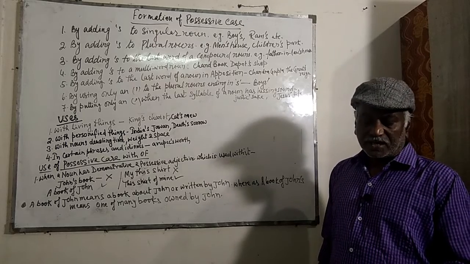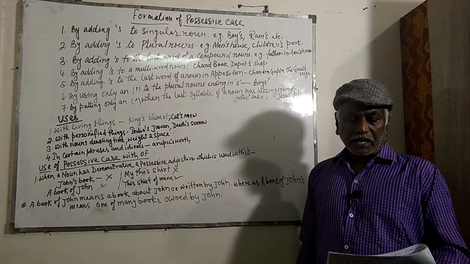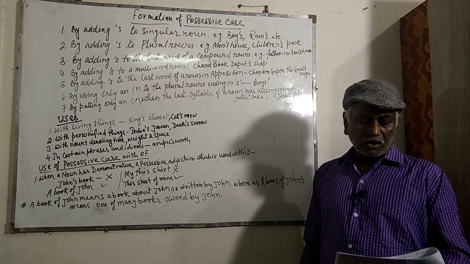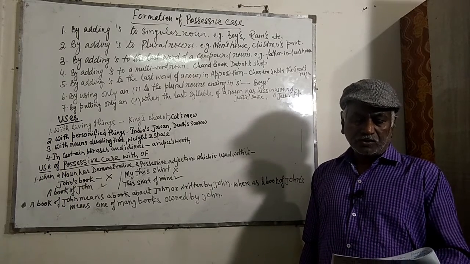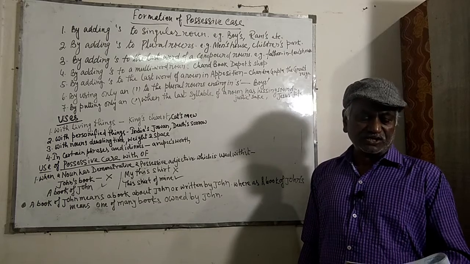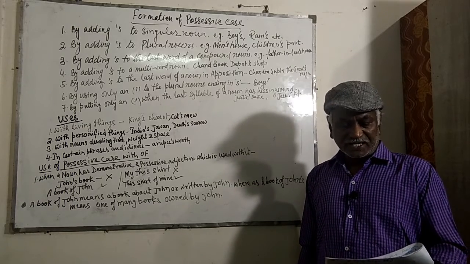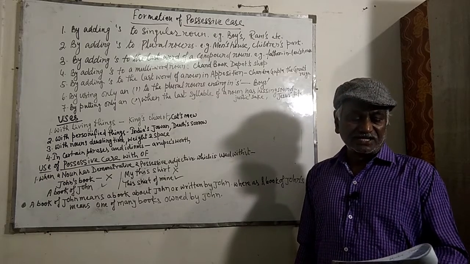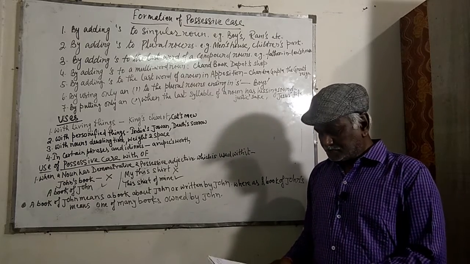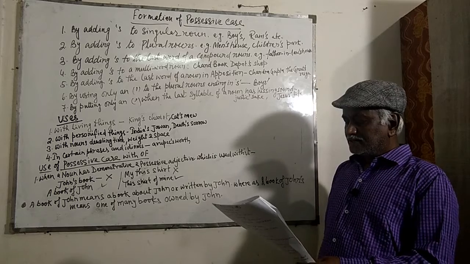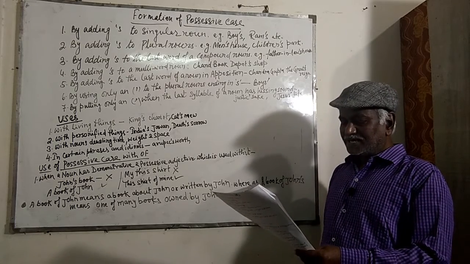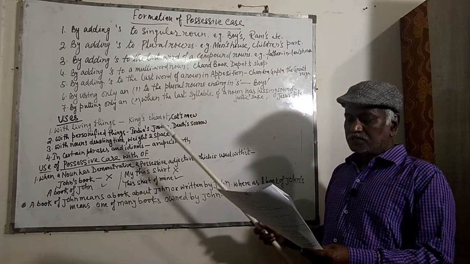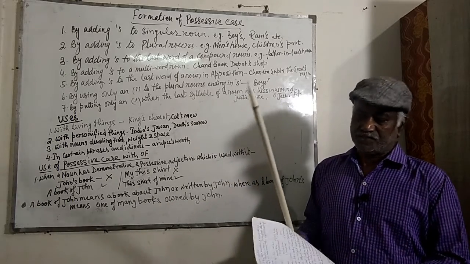In the instrumental, dative, ablative, locative cases, the objective form with different prepositions is used. In vocative case, the nominative form with an exclamatory mark is used. So it is generally said that there are 3 cases in English. In fact, there are 3 forms but 8 cases.